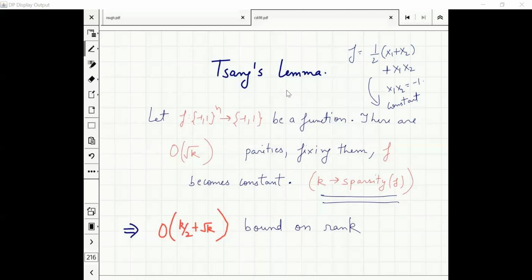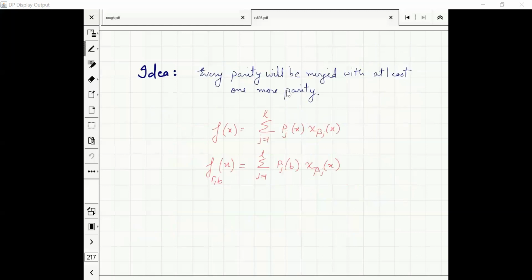So let's see what bound. That is why I'm saying the bound, we will come up with this k by 2 plus root. So this will be the first non-trivial. How will that happen? We remember this is how our Fourier expression was getting changed when we were putting the parities in gamma to value b.